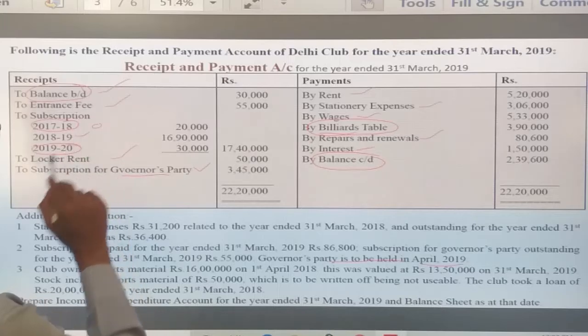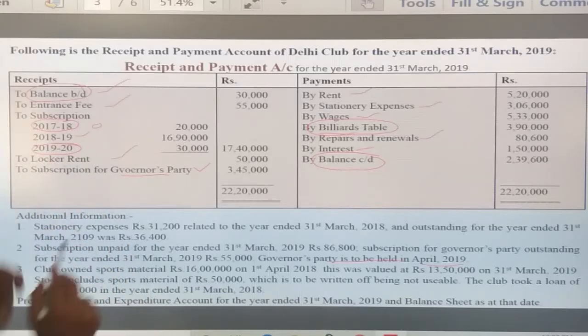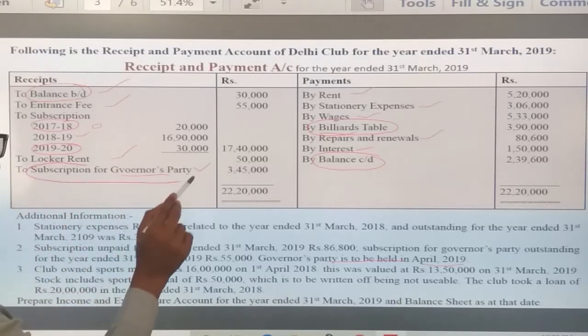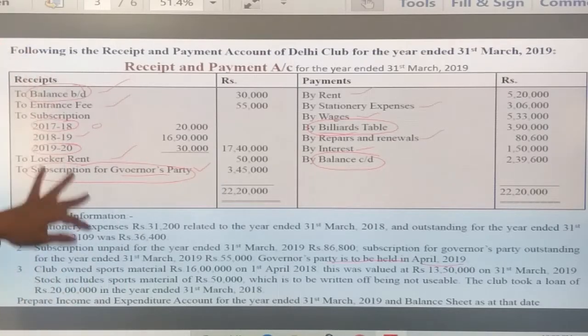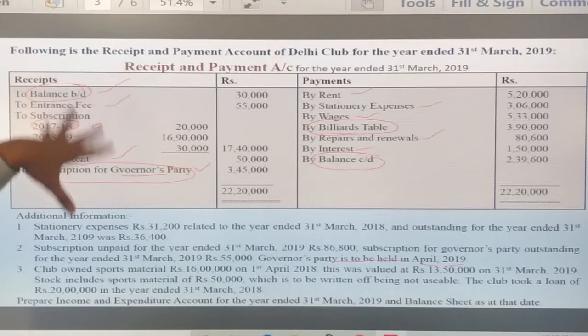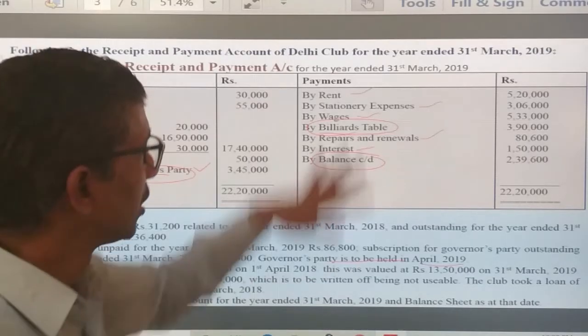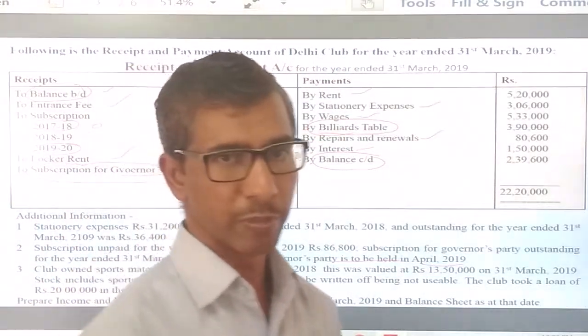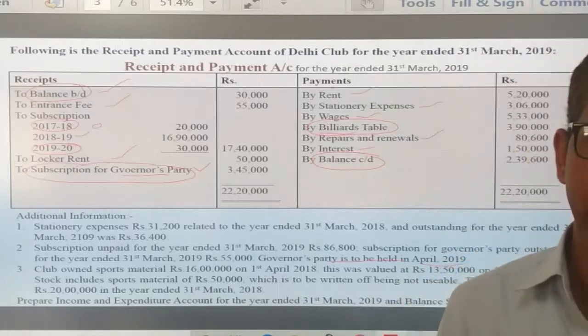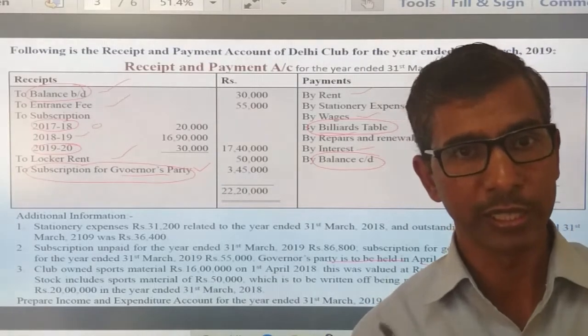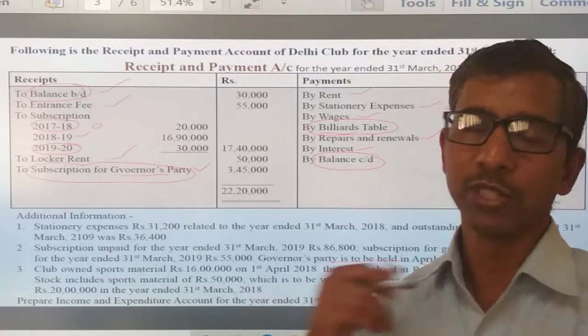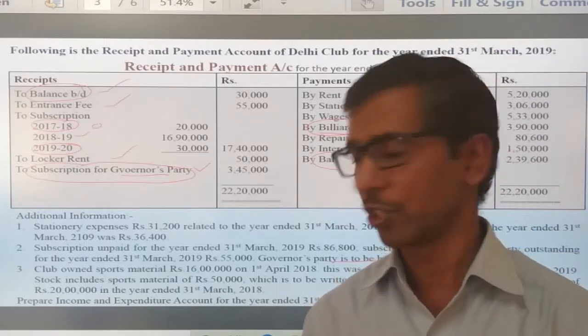And this will come in income and expenditure account. And governors party subscription also will come in balance sheet. So in this way we have identified the incomes and payments from the receipt and payment account, as well as the items of balance sheet, means which will come in income and expenditure account and which will come in balance sheet.